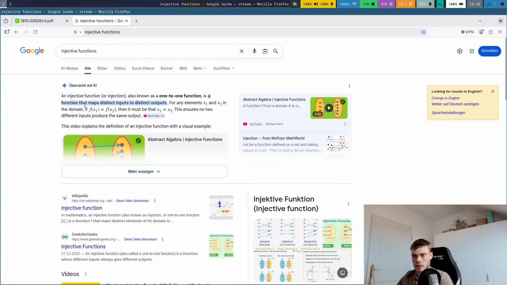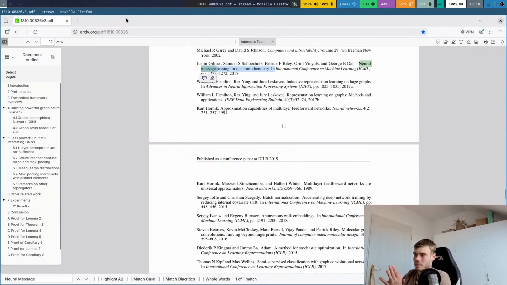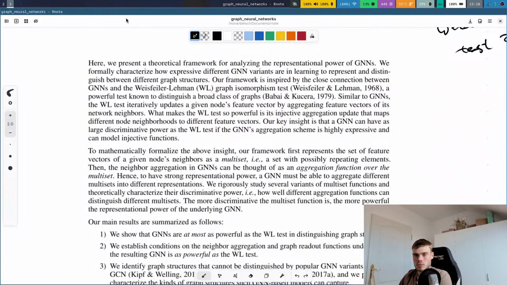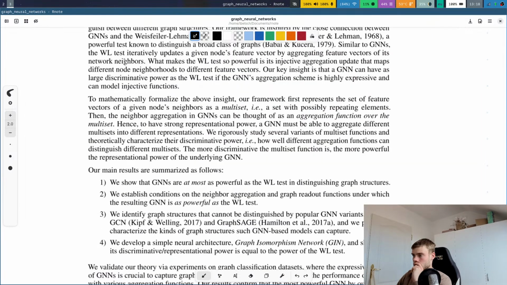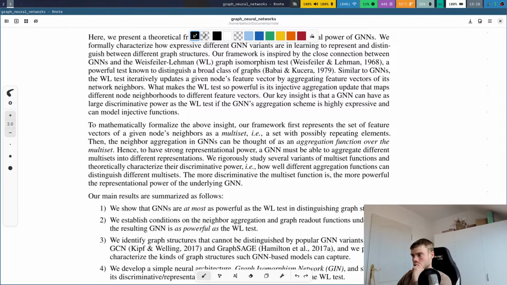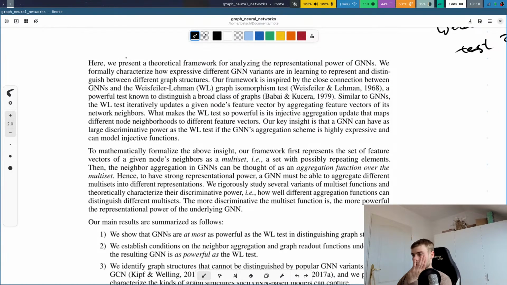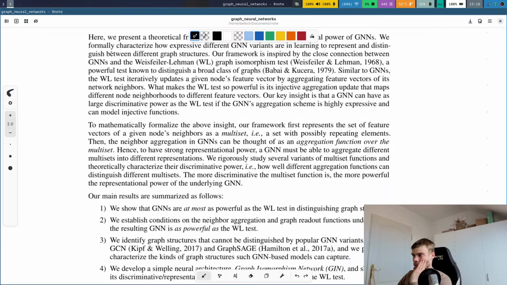Okay, so injection is, okay, if x1 is equal to x2, then f of x1 is equal to f of x2, which is basically the thing that we're trying to test with graph isomorphism. And when the neural network is invariant to that, it should be this injective function.